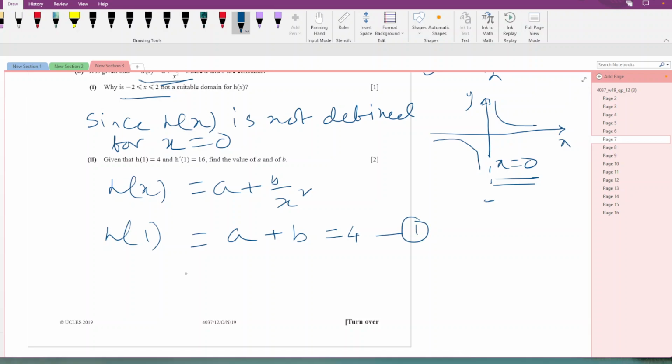And here is h prime 1. H prime x is the first derivative. You can consider if Hx is differentiated with respect to x, the result is h prime x.